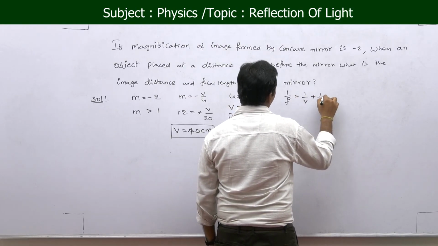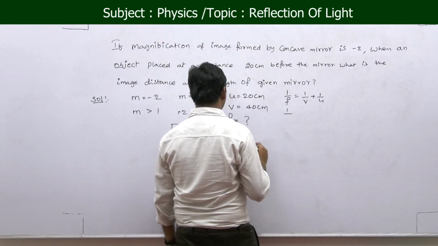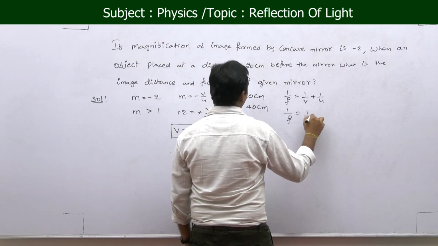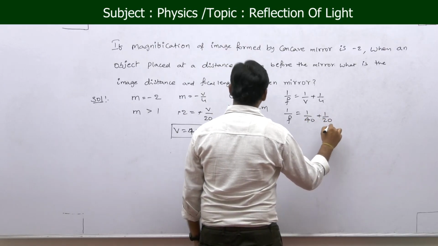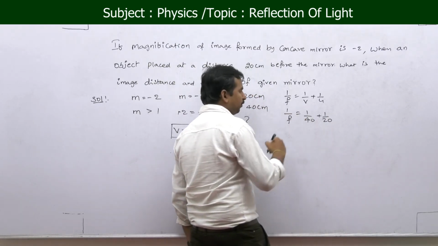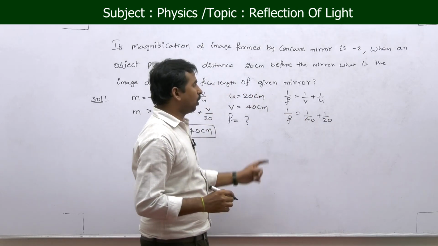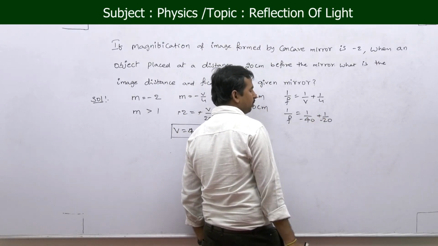1 by f is equal to 1 by v plus 1 by u, where we don't know the focal length, and the image distance here is 40, the object distance here is 20. Then 1 by 40 plus 1 by 20. If you apply the sign convention, as this is a concave mirror, the object distance is minus and the image distance is also minus.